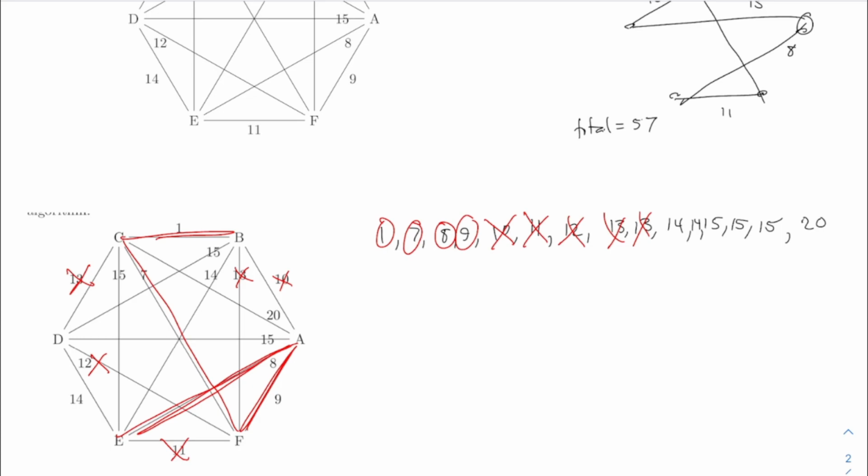14s. This 14 from D to E looks good to me, right? Yes? I have a question there. It depends on which 14 you choose first. One of them is possible and the other is not. Yes. But when you draw this one first, the other one is not possible, and the other way around.